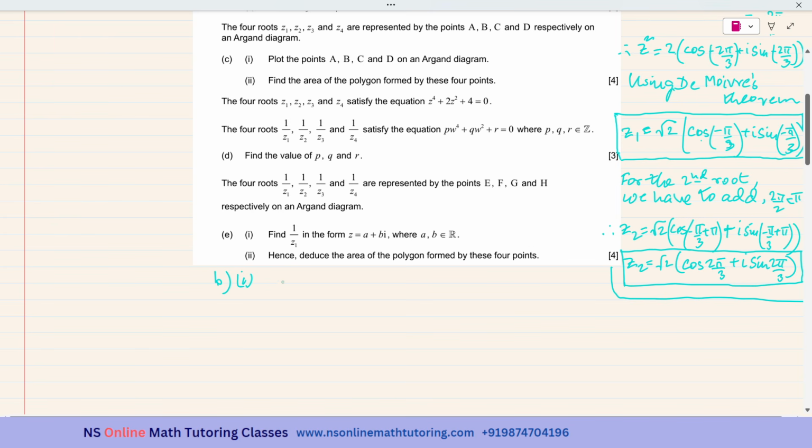Z1 will be equal to root 2 times cos of negative pi over 3, which is equal to cos of pi over 3, equal to half. So half plus i sine of negative pi over 3, which is negative sine pi over 3, which is equal to negative root 3 over 2.